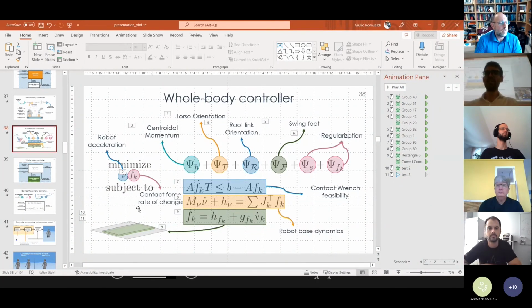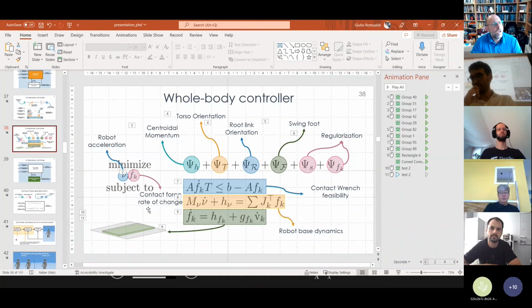Yeah, this one, when you minimize with respect to F_K dot. I was raising my eyebrow because the rate of change of contact forces is a pretty difficult variable to work with. You mentioned yourself how you're dealing with spikes, and different modeling assumptions can produce very different spikes, as you know.